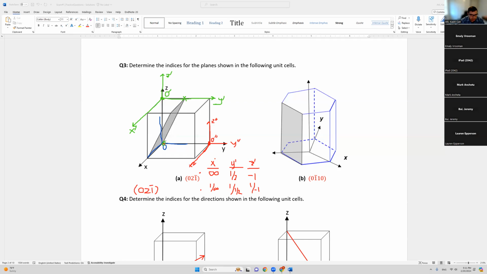Here is -1 in this direction. And it cuts the Z axis at 2 here, right? Now, in this case, if I use this point, then I will have again 0, 1 bar, and 2, right? Is that correct?